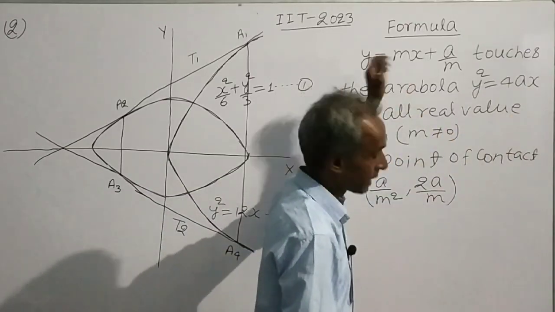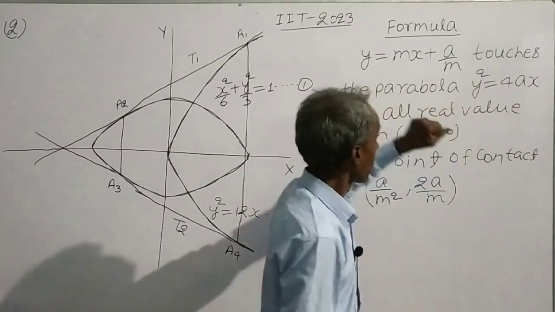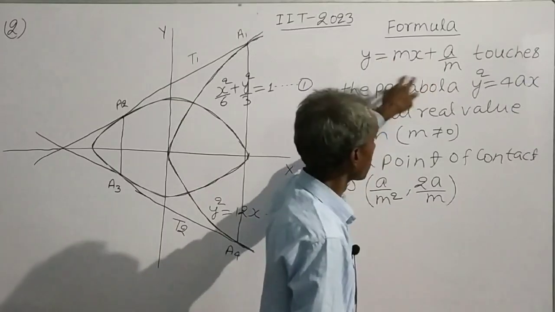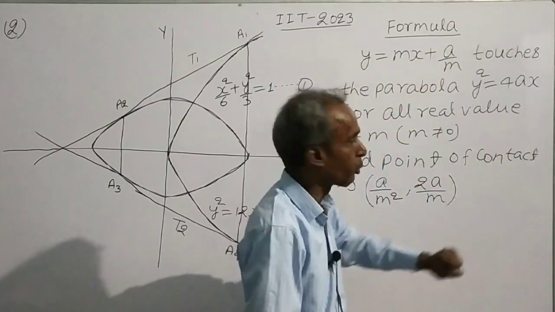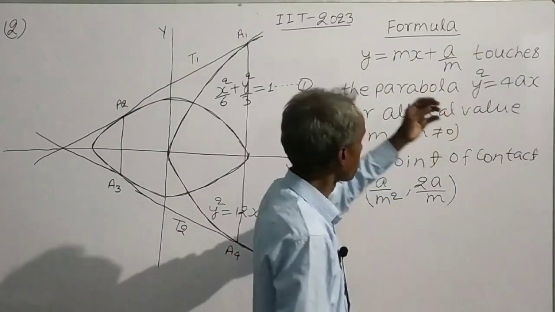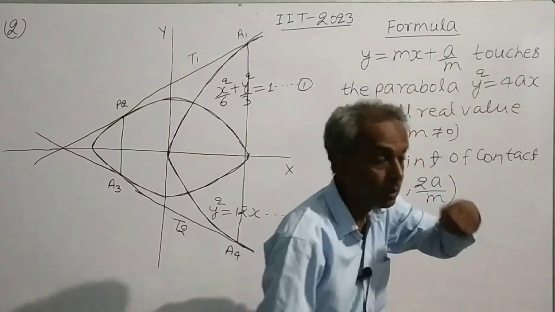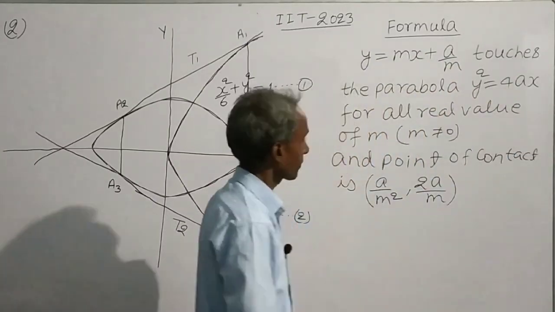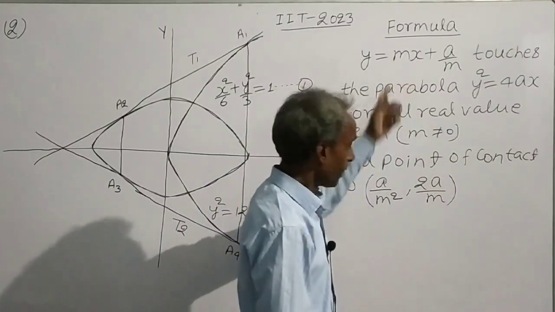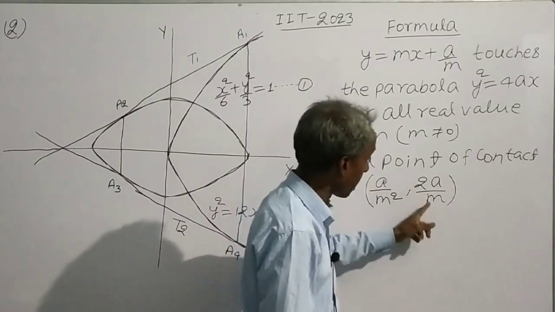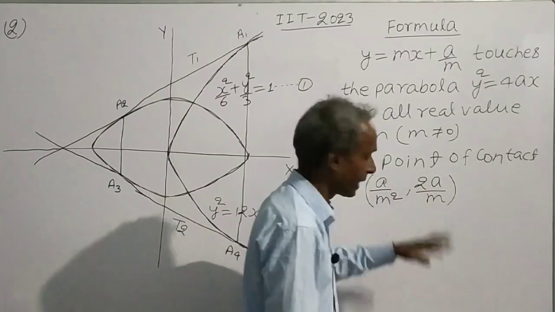If we put 1, then also this line will touch this parabola. When we put m is equal to 2, it will touch this parabola at a different point. When we put m is equal to 3, it will touch at another different point. At which point does it touch? At a by m square comma 2a by m. That means the point of contact is a by m square comma 2a by m.